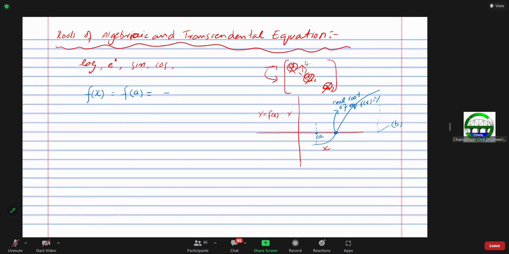Can anyone guess? The value will be negative.